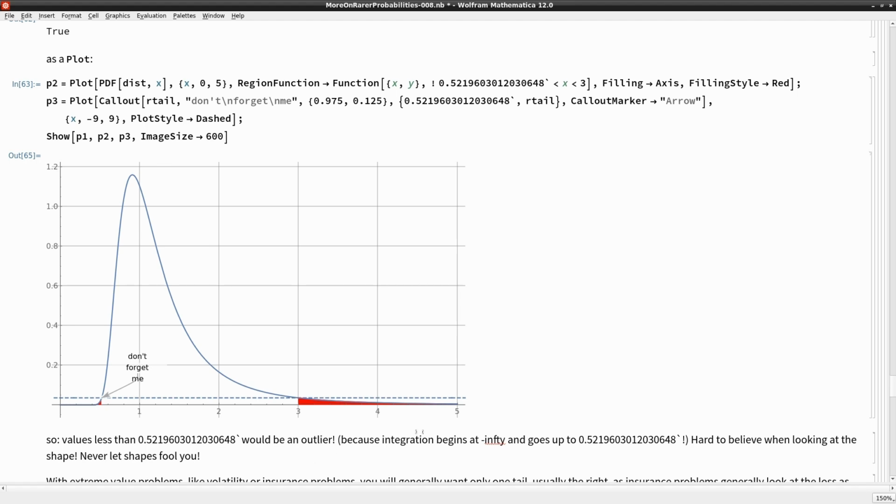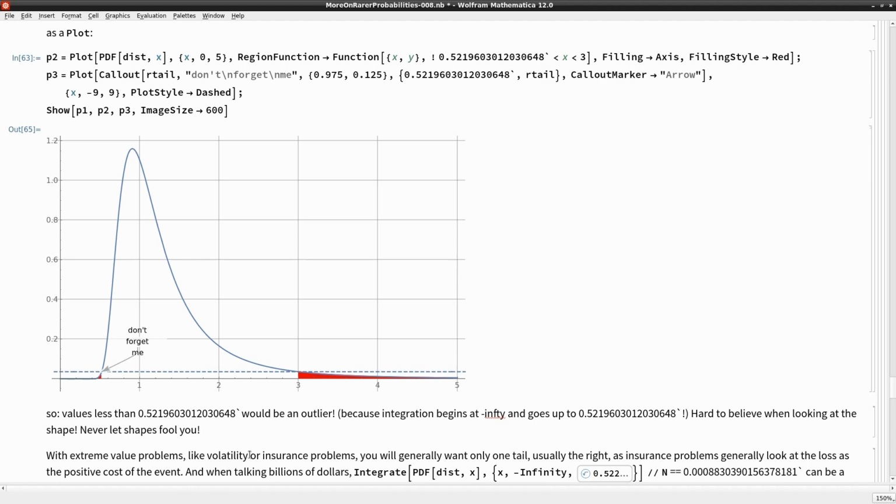And that is because the integration begins at -infinity, so that's always where our outlier consideration begins, and it goes all the way up to 0.522. It is hard to believe when looking at the shape, but never let the shapes fool you. Very clear we have rarer probabilities here on the left. There's clearly red, and red means rarer probability.